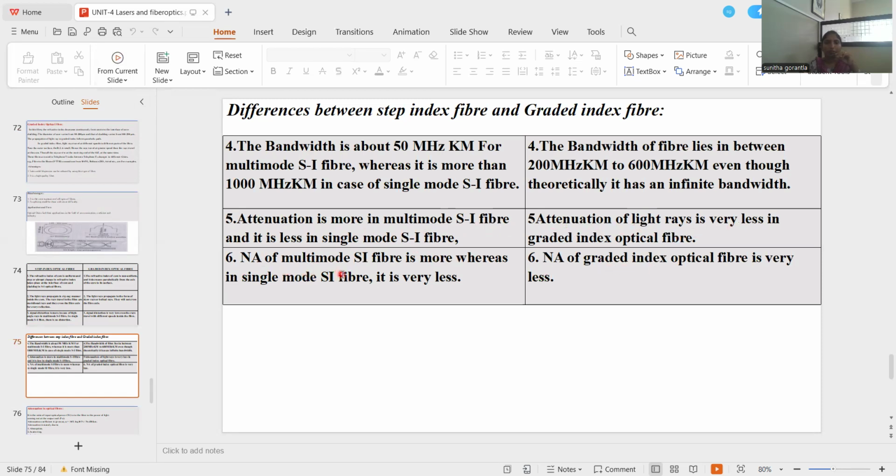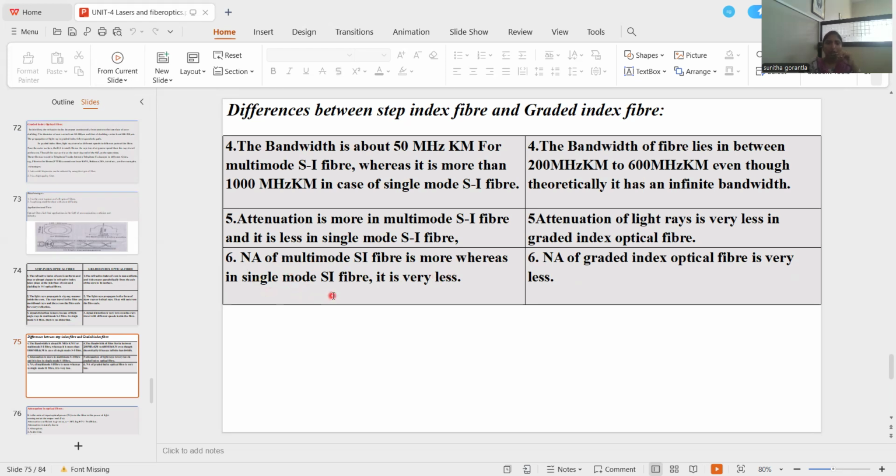And the numerical aperture of multimode step index fiber is more, because in multimode step index optical fiber, n1 minus n2 is large.